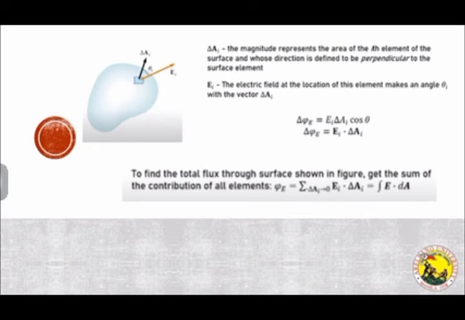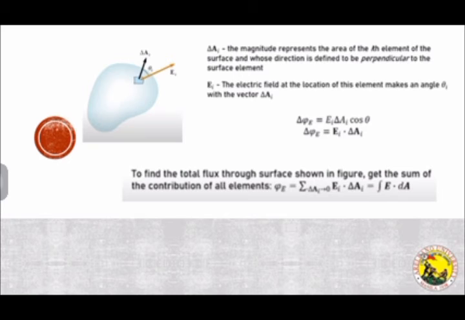By summing the contributions of all elements, we obtain the total flux through the surface shown in the figure. If we let the area of each element approach zero, then the number of elements approaches infinity, and the sum is replaced by an integral.